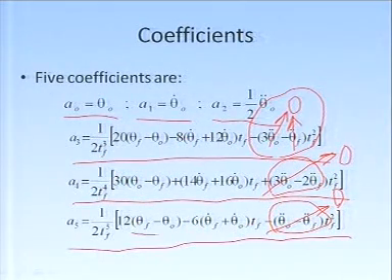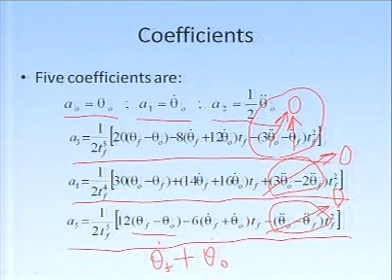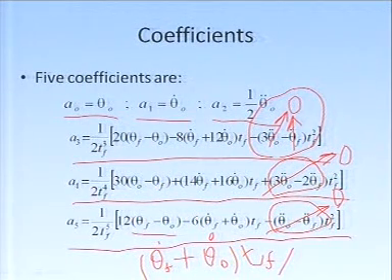Theta f minus theta 0 is considered as theta f dot, I am just trying to write from the next page, then this is theta 0 dot, okay, then into T f by 2. So, 2 into 12 will become 6.